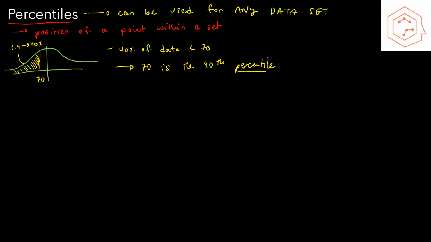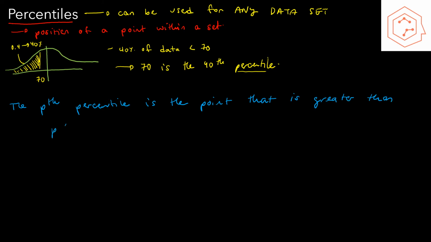So now if we generalize, in general, the pth percentile, so p is just a number. In the case where we're looking at the 40th percentile, p is equal to 40. So if we were looking at the 60th percentile, p is equal to 60, and so on. The pth percentile is the point that is greater than p% of the data set.